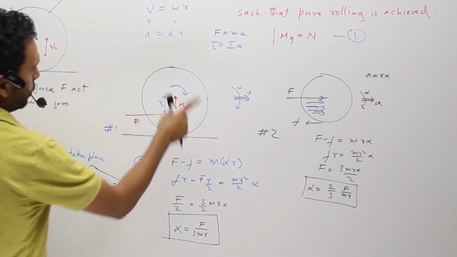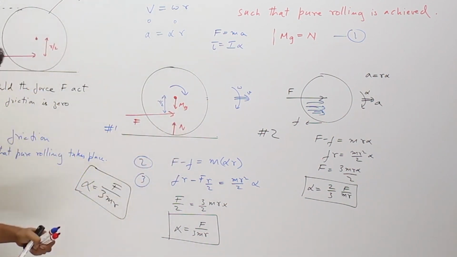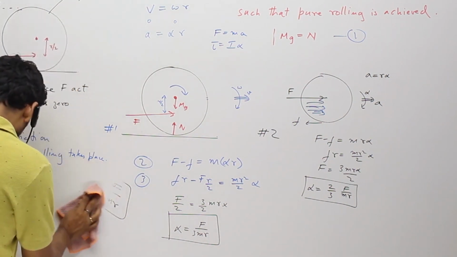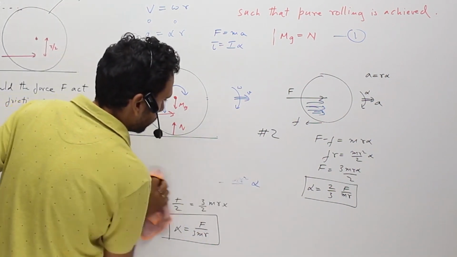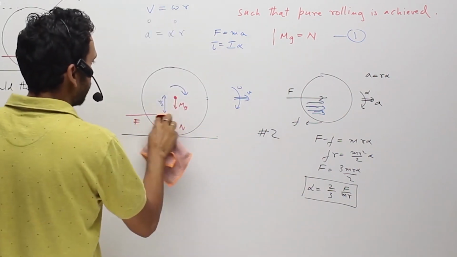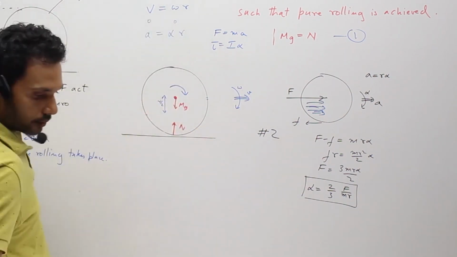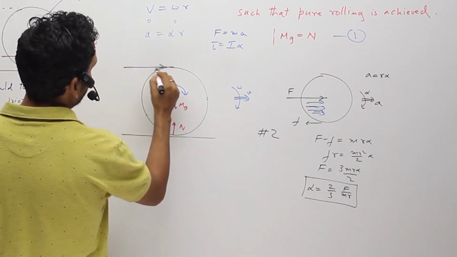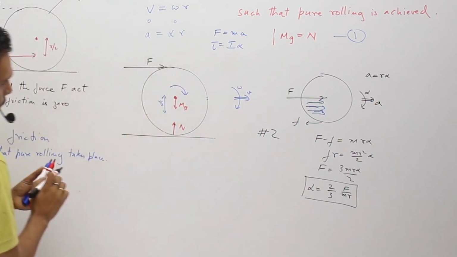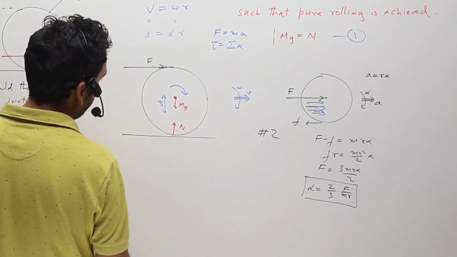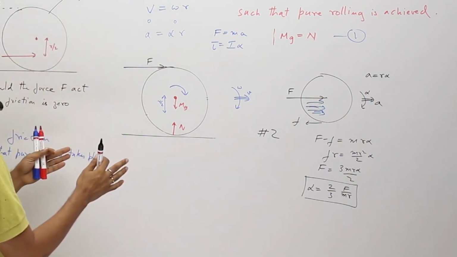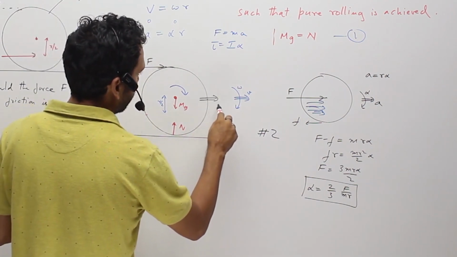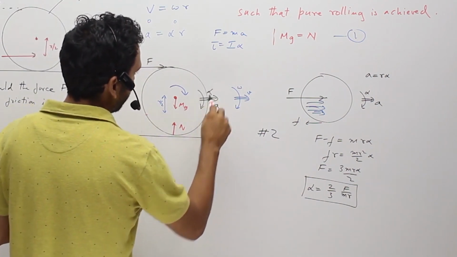Next is, you are having the force right at the top. So I'll just write your case number 1. So what we have over here is, the force is acting right on the top. Again, the same thing, we have to see whether your acceleration forward matches your alpha or not.